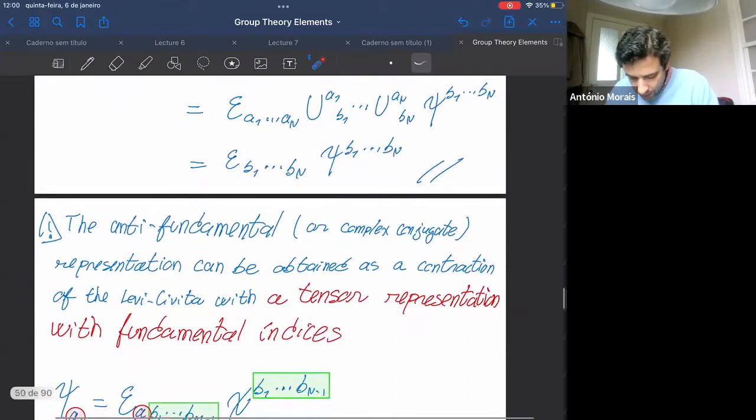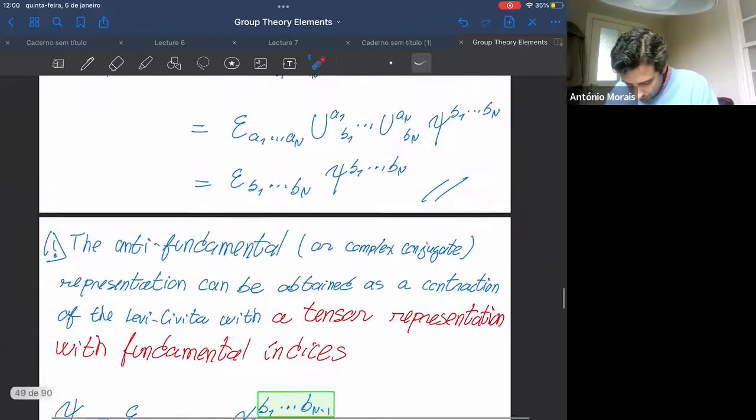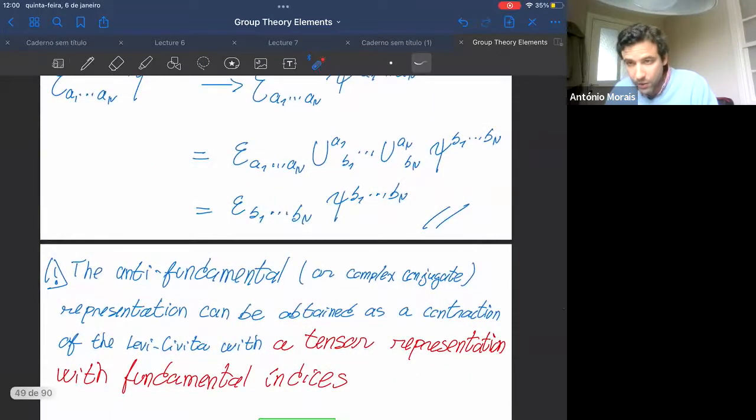So now an important result is that the anti-fundamental or complex conjugate representation, as we introduced above, can be obtained as a contraction, and this is going to be very important also in the Young Tableau that we are going to start looking at in a few minutes.